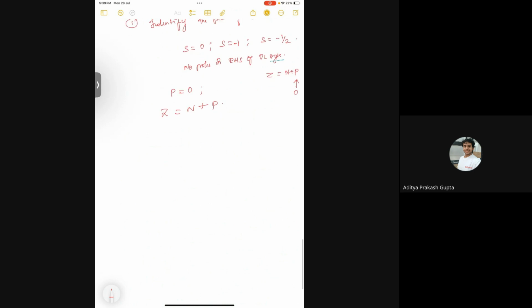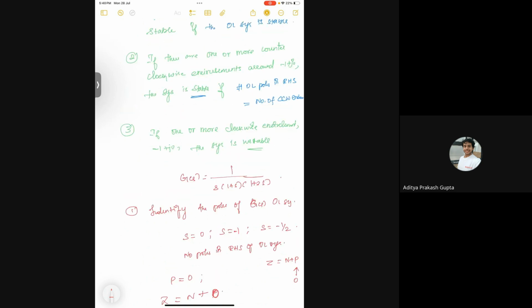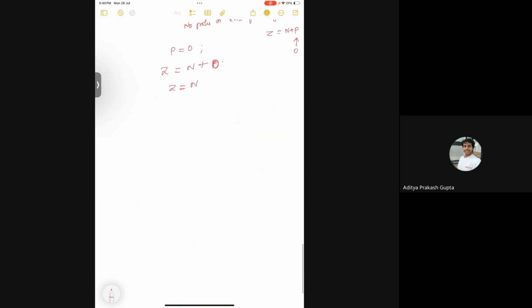So this Z should be N for the system to be stable according to point number 2. If the system is stable, the number of anticlockwise encirclements should be equal to the number of poles in the right half of the S plane. Good. There is nothing there. There should not be any encirclement for the system to be stable.